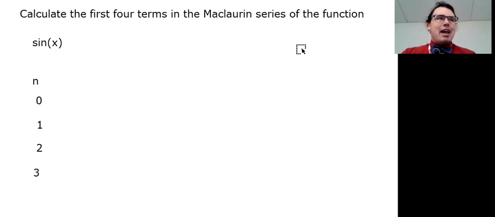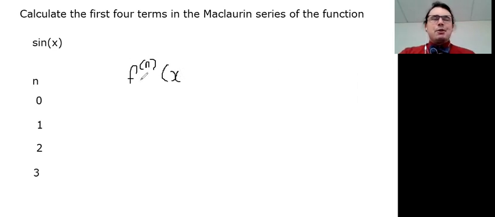Now for each value of n here, I'm going to calculate a derivative. So I'll say that in this column, I want the number n derivative of my function.